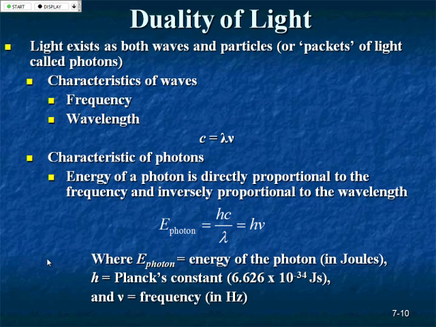So Bohr came up with this planetary model in which electrons orbit the nucleus in circular pathways. From the nuclear model we know that the nucleus is in the center of an atom.